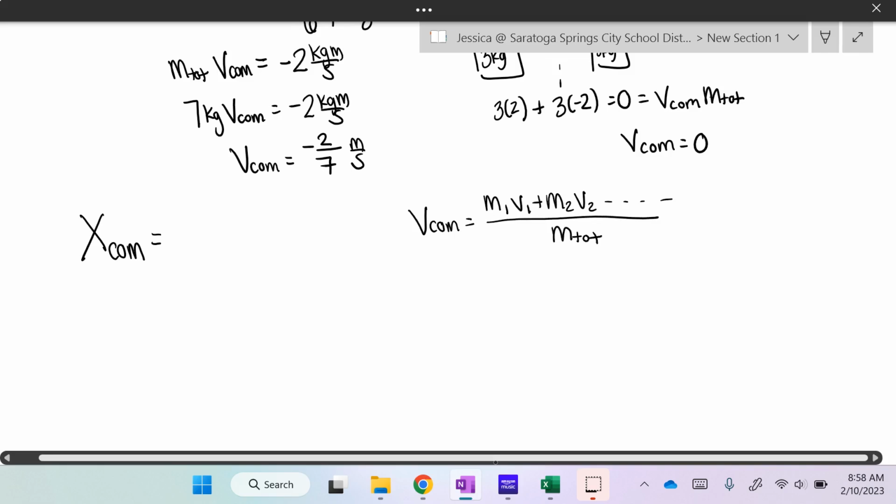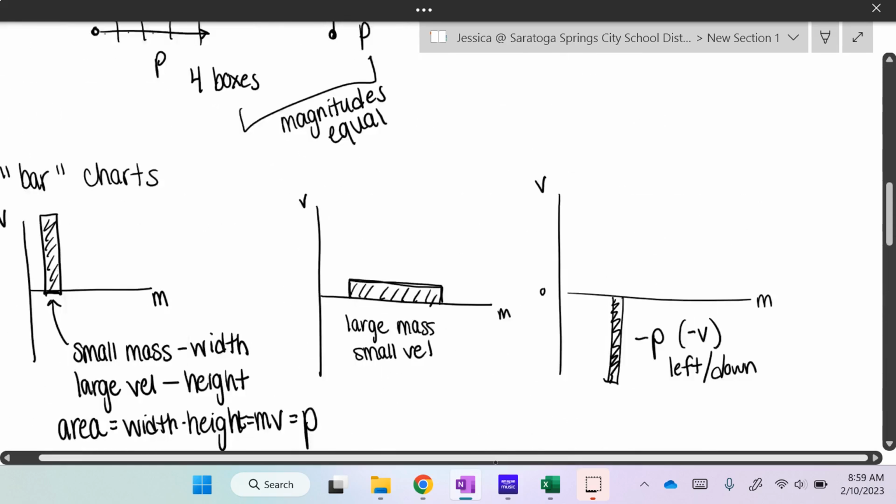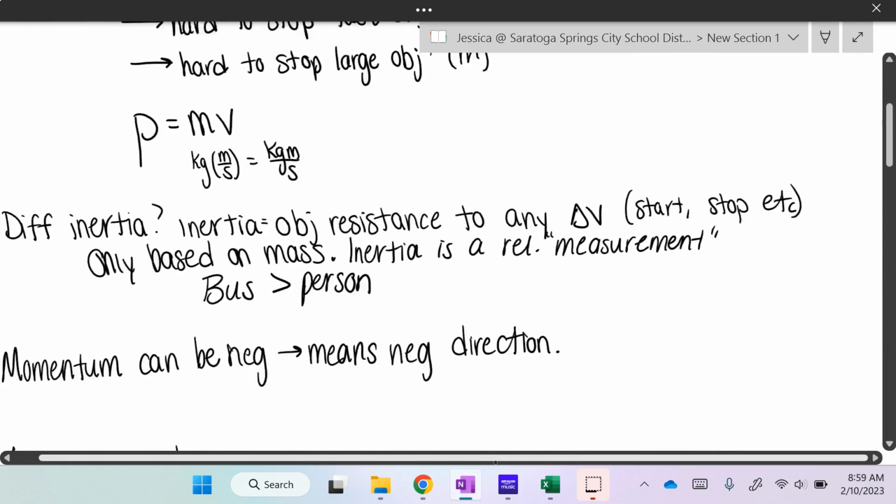So the position of the center of mass follows the same format, just instead of v's, it's position. So m1 x1 plus m2 x2, however many objects there are, all over m total. Of course, making sure that we are paying attention to any positives versus negatives. And that's really it about momentum, which again measures how difficult it is to stop an object.